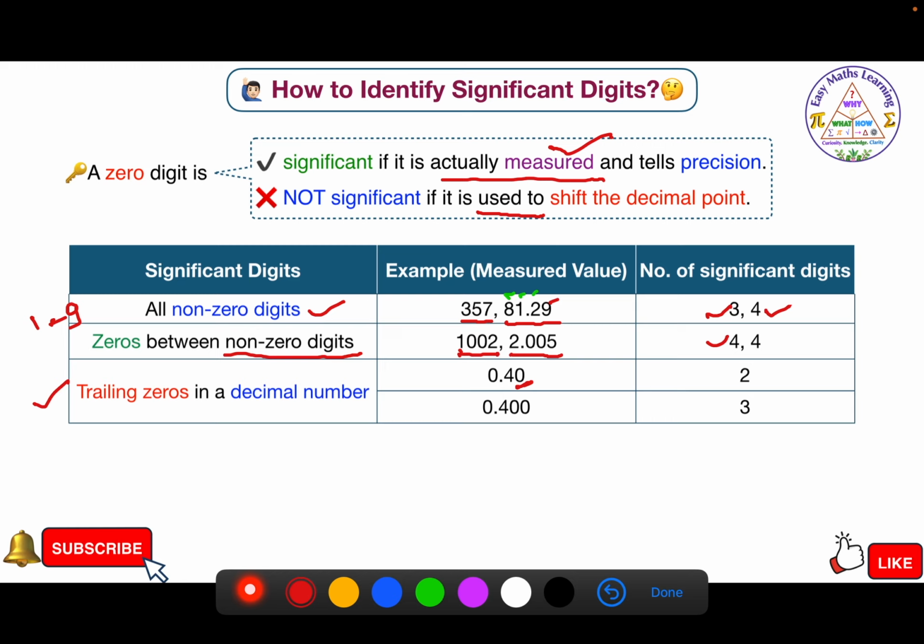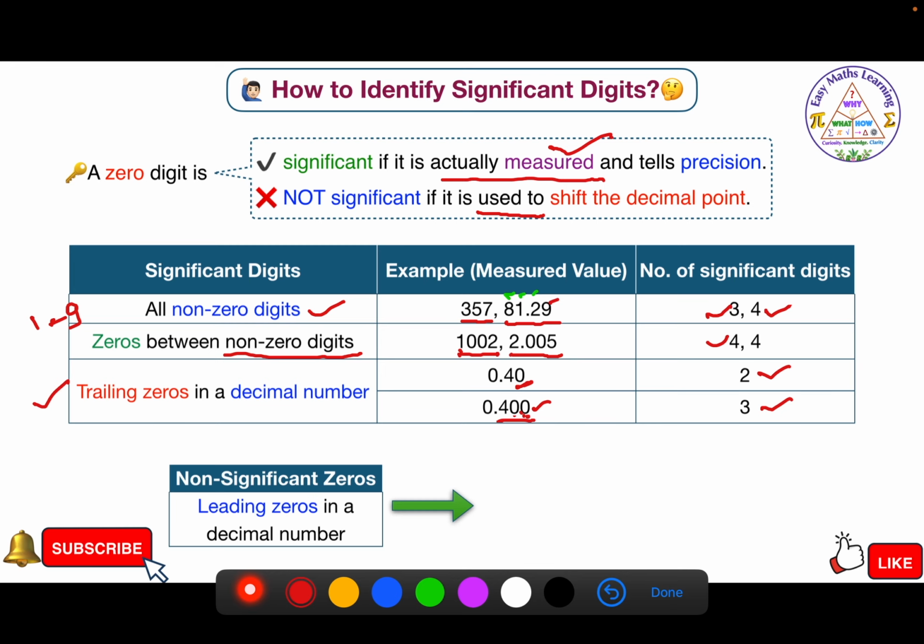So the trailing zero is significant, so the total number of significant digits here is 2. In 0.400, the trailing zeros are 0, 0, these two zeros. So the total significant digits are 3. Here these trailing zeros tell about the precision, meaning this value is precise or recorded up to 3 decimal places, we can say.